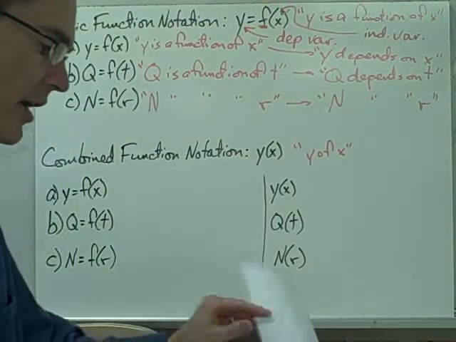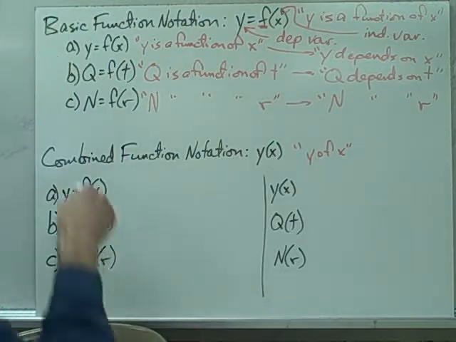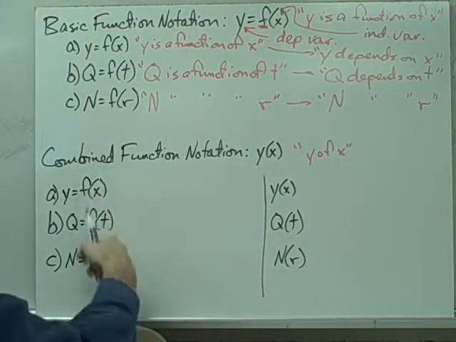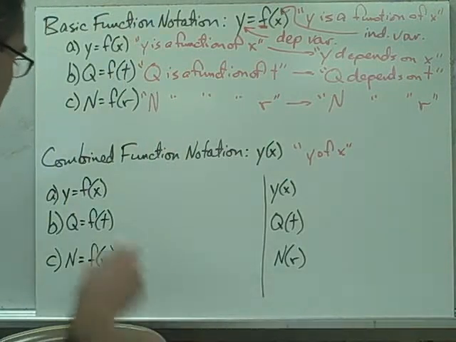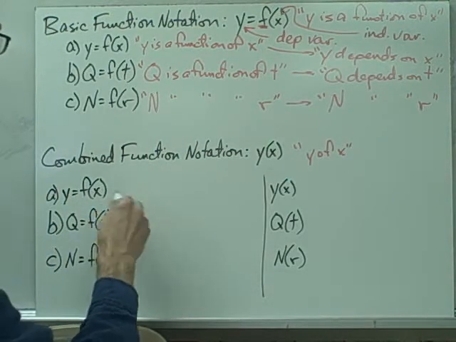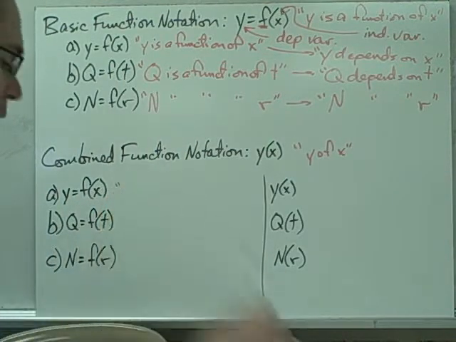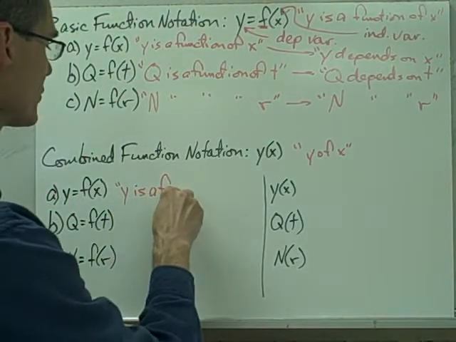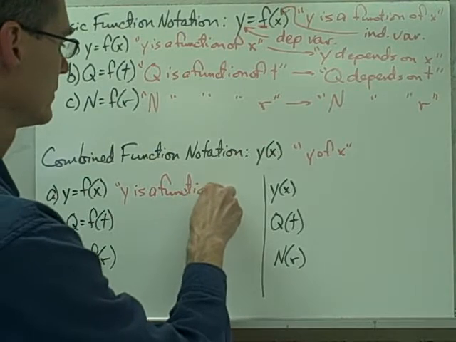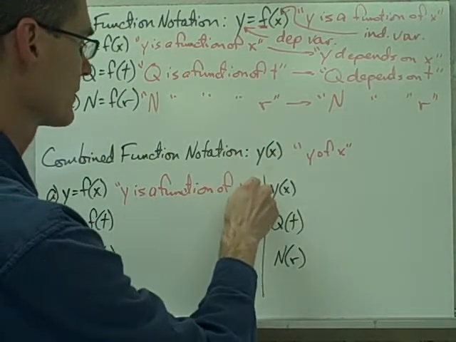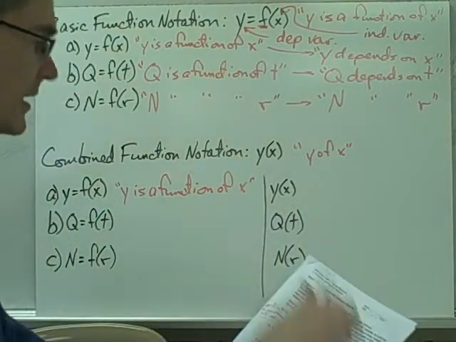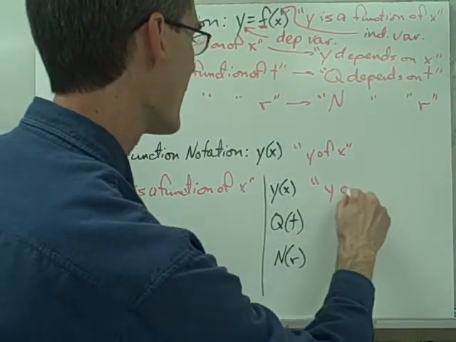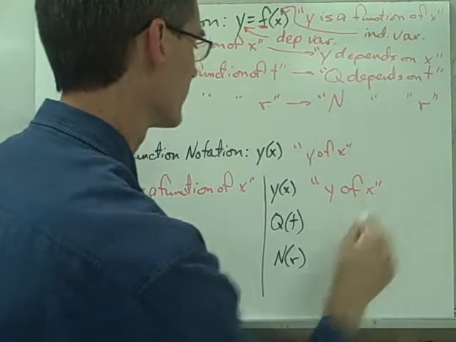You have a table there in your notes for the same three functions that we had before. In basic function notation, for this one we would say y is a function of x. And in combined function notation, this would be read y of x.